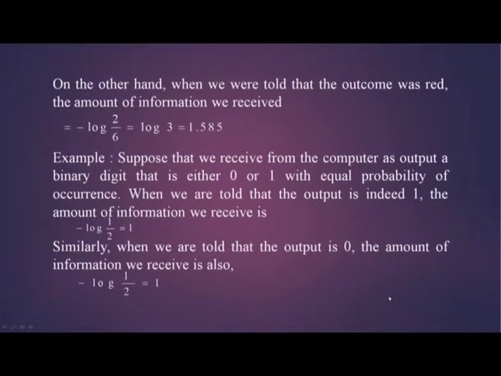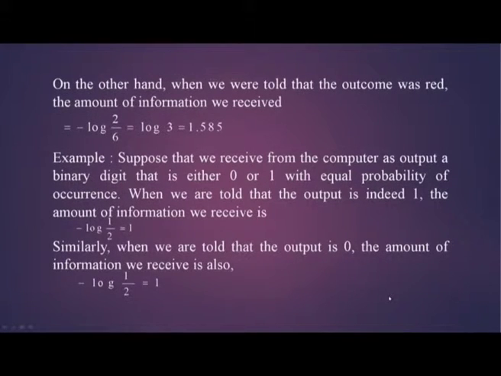On the other hand, when we were told that the outcome was red, the amount of information we received is equal to minus log 2 by 6. Because if red has occurred, then the probability will become 2 by 6, because there are two possibilities only, 1 and 4.